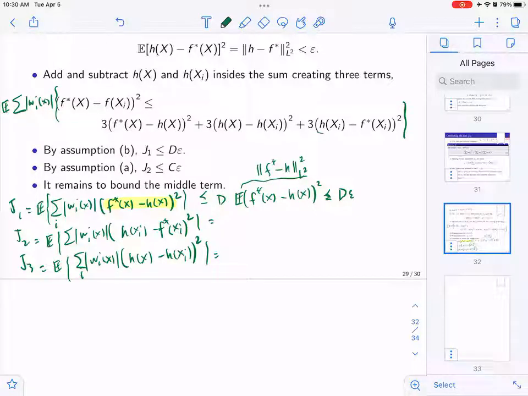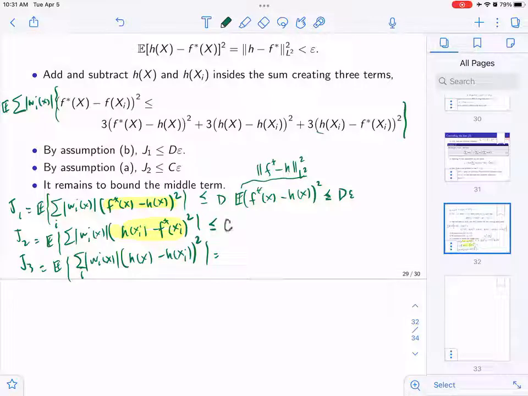For the second guy, what should we use for the second guy? Okay, this is the tricky part. This is some function, right? And then we had the first condition, the technical condition. I'm going to go back to that.